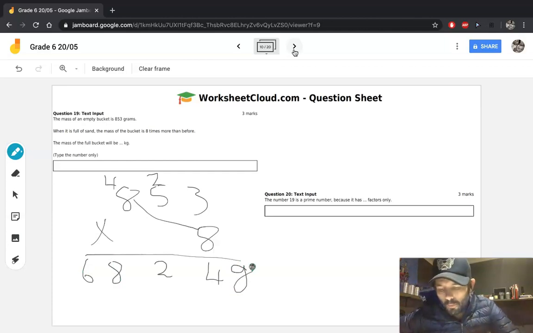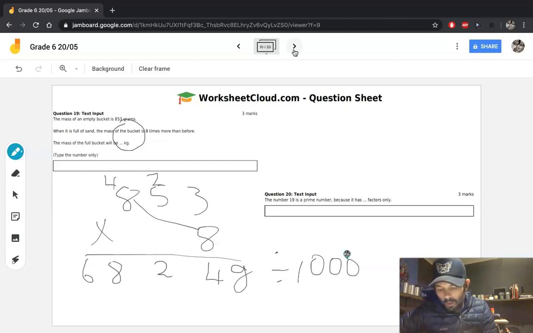But it's important that we recognize that they've asked for the answer in kilograms. So the second part of the question is, can you convert grams to kilograms, and do you recognize that there's 1,000 grams in a kilogram? To get from grams to kilograms, we divide by 1,000. So we need to divide this number by 1,000, and that's going to give us an answer of 6.824 kilograms.